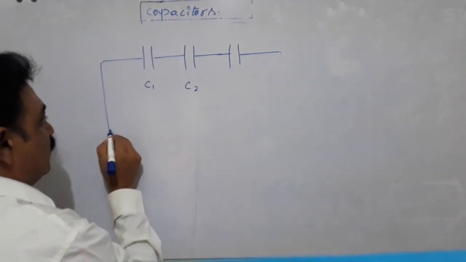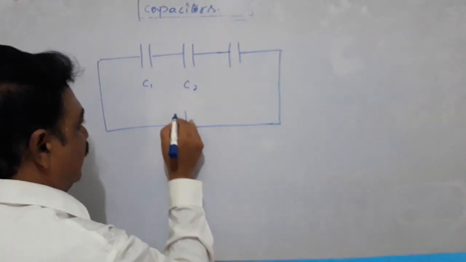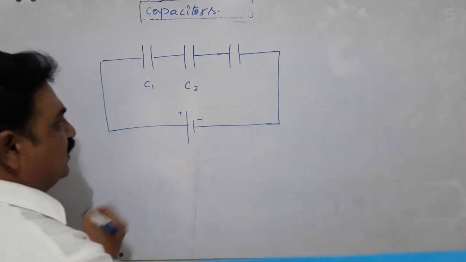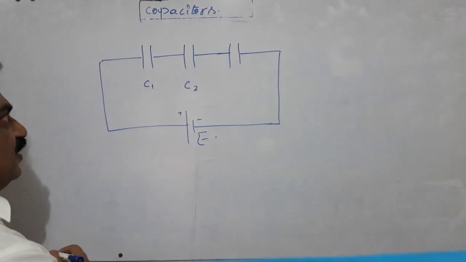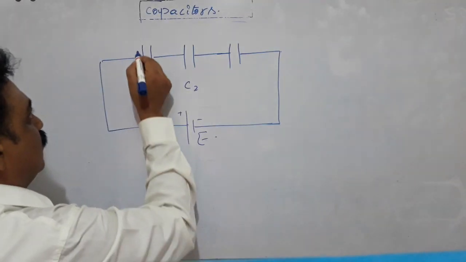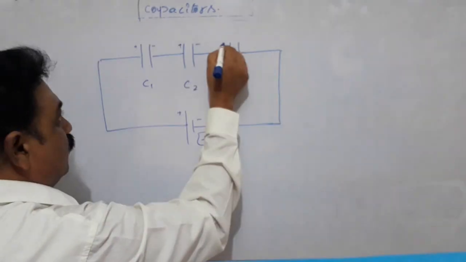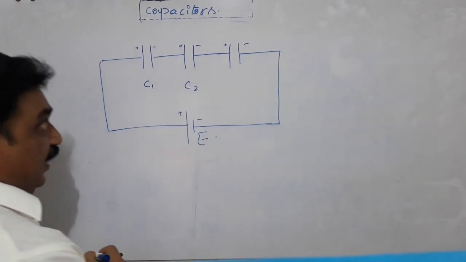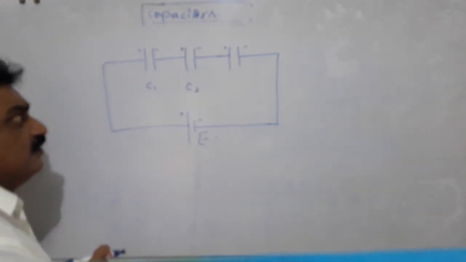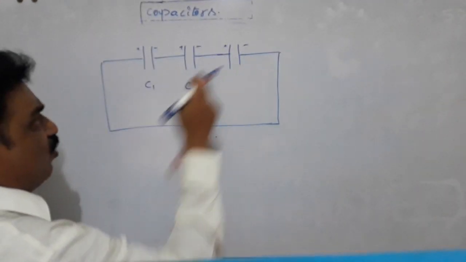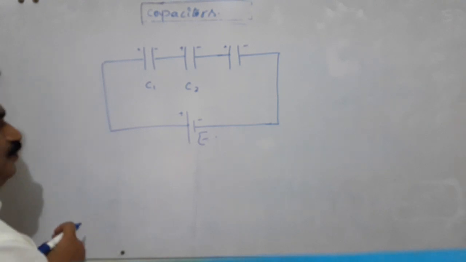The system is connected to the cell, with E as the EMF. In this circuit, the terminals go positive, negative, positive, negative, positive, negative. This is very important. This end-to-end combination is what we call the series combination.